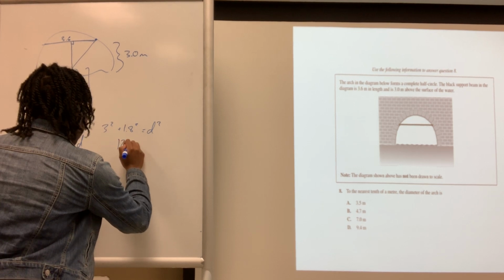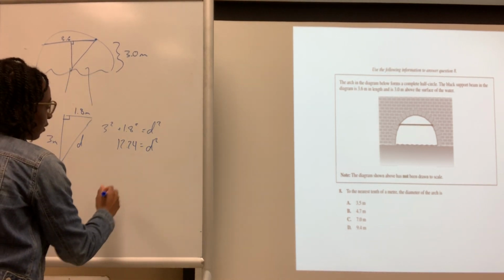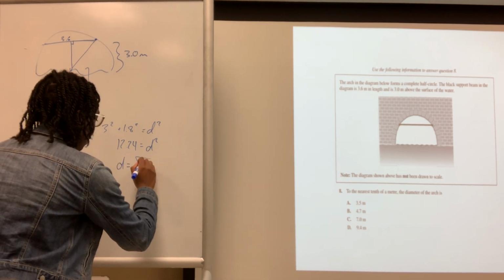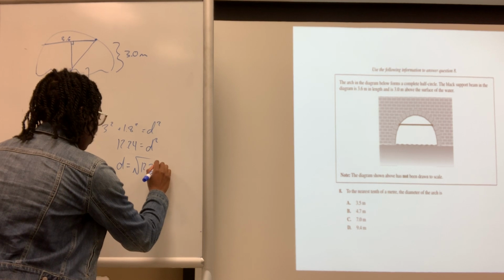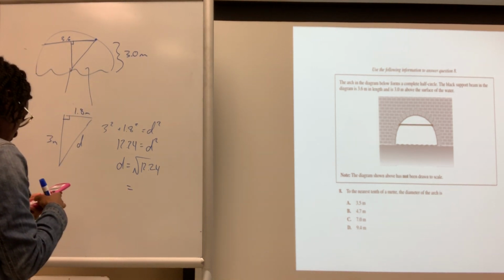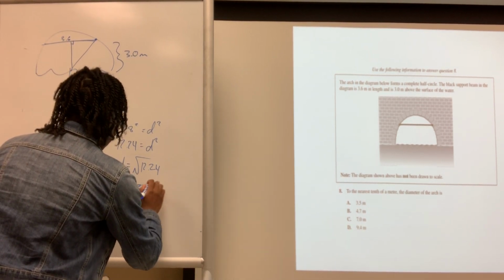So 12.24 is equal to d squared. Then to solve for d, we just square root both sides. So d is equal to root of 12.24, which is equal to 3.49, or like 3.5.